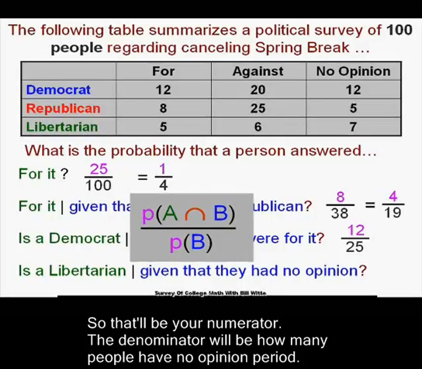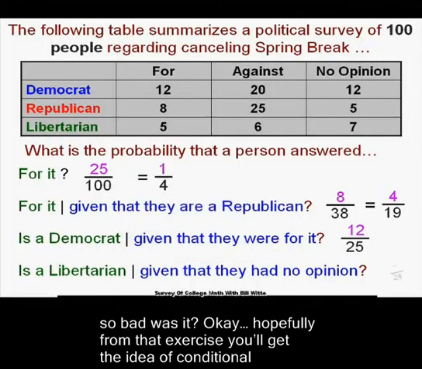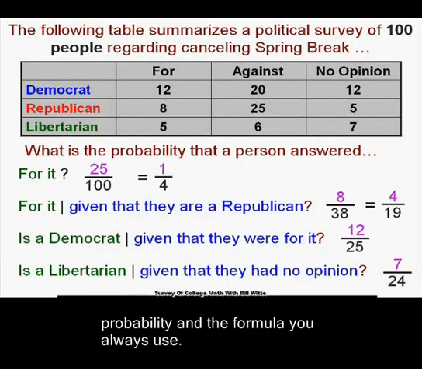The denominator will be how many people have no opinion. That's B, right? Well, how many people have no opinion total? That's 12 plus 5 plus 7, which is 17 plus 7, 24. Okay? So we'll have 7 over 24. It wasn't so bad. Okay? Hopefully from that exercise you'll get the idea of conditional probability and the formula you use.